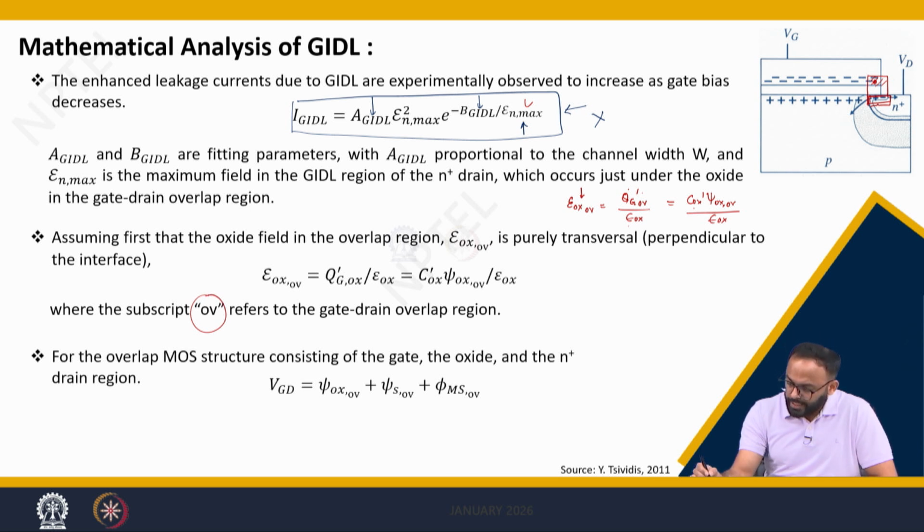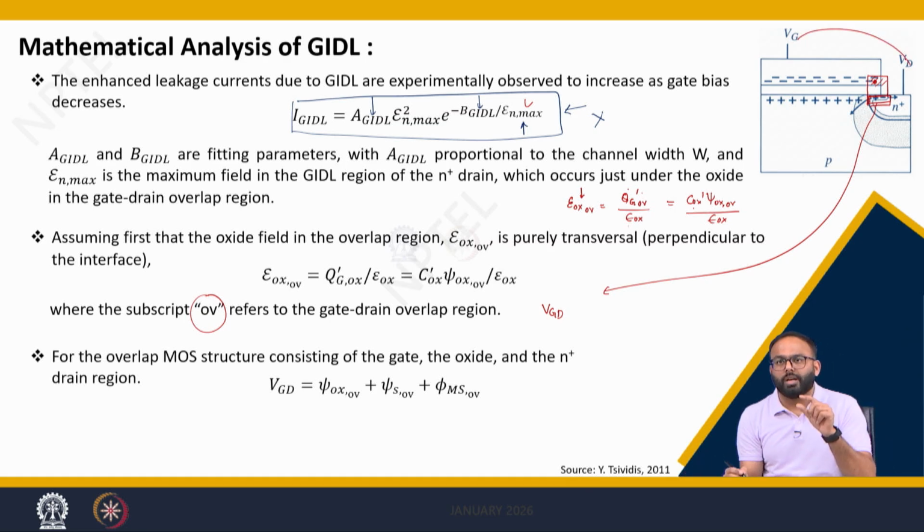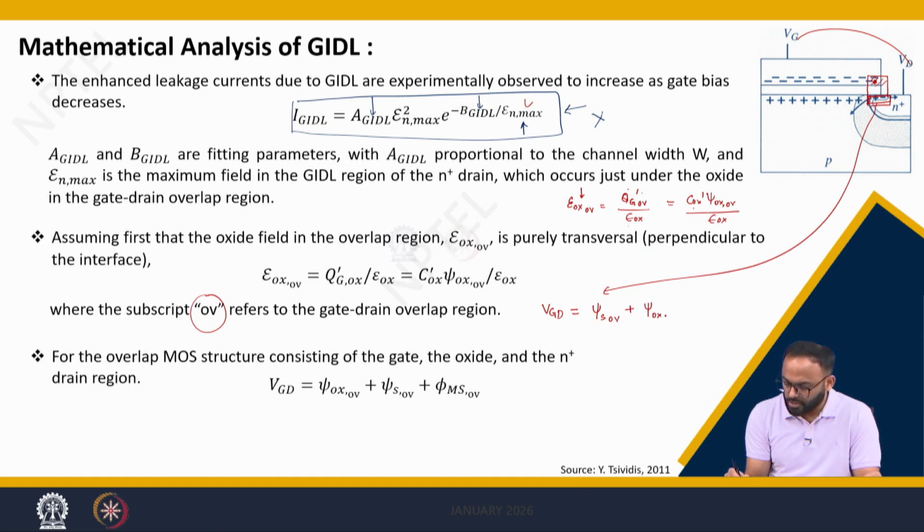Now, can I write a potential balance equation in this region? Yes, I can write VGD, because the gate to drain voltage is an effective voltage in that overlap region, which forms a PN junction. VGD can be written as psi S overlap plus psi Ox overlap plus phi ms overlap, where phi ms is the contact potential.